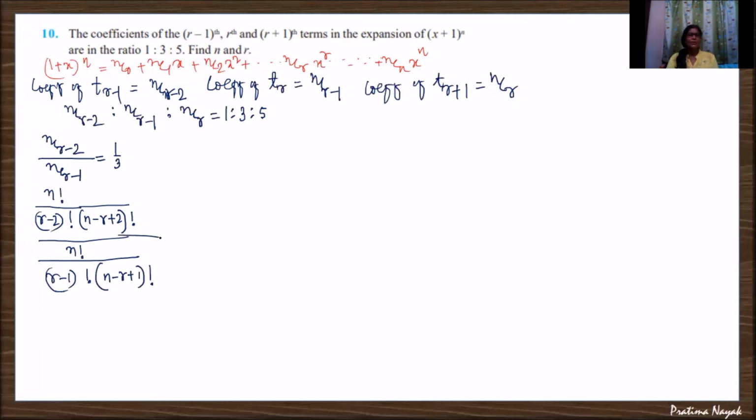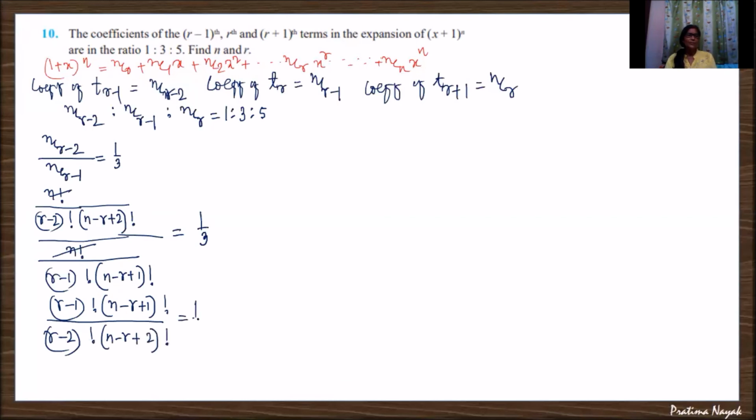So this is equal to 1/3. Now n! cancels. So I'll write (r-1)! (n-r+1)! upon (r-2)! (n-r+2)! is equal to 1/3.